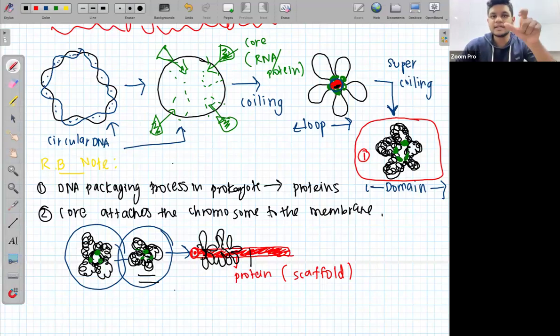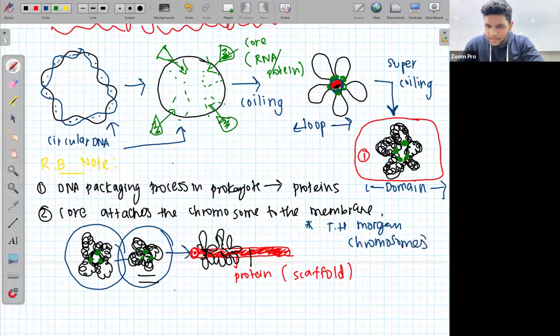So this is what T.H. Morgan said. In his discovery, what did he say? Chromosomes are made up of two things. What are the two things? I introduced those two at the start of today's class.